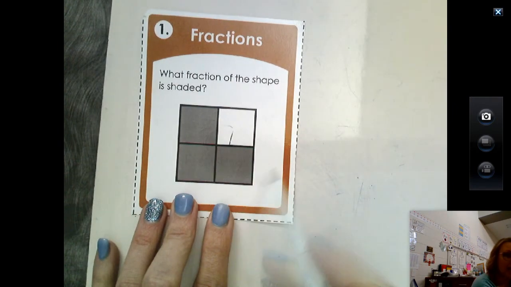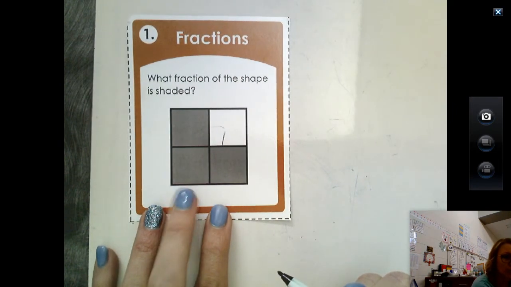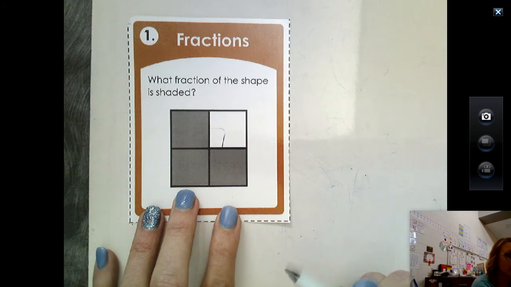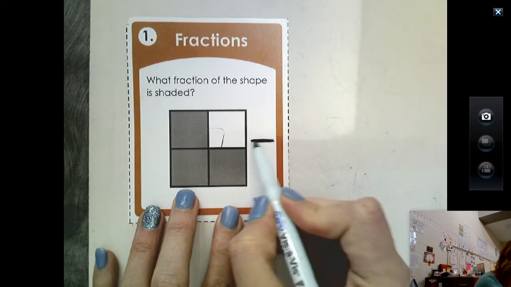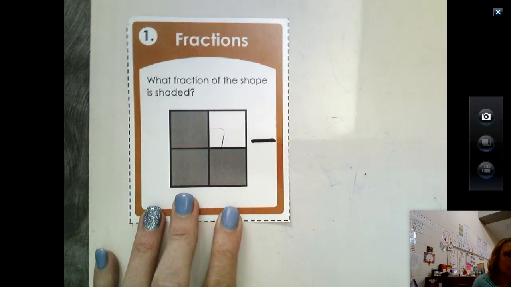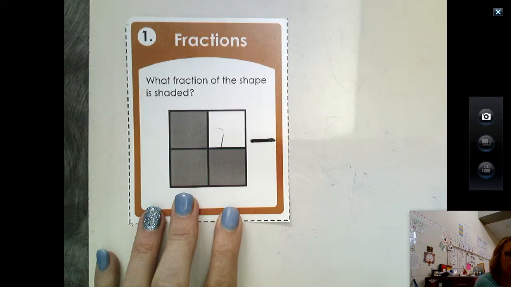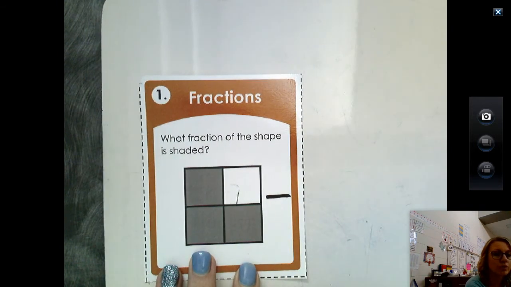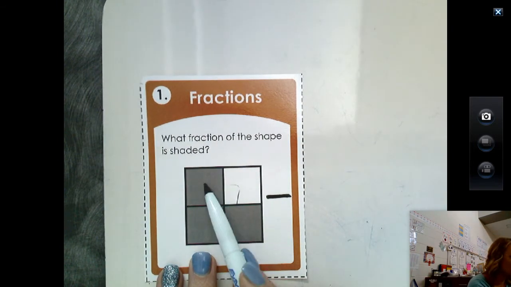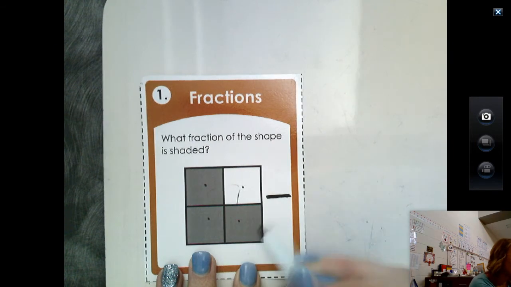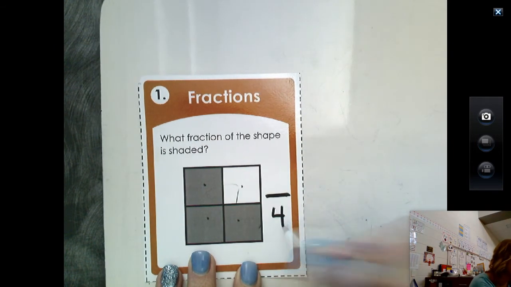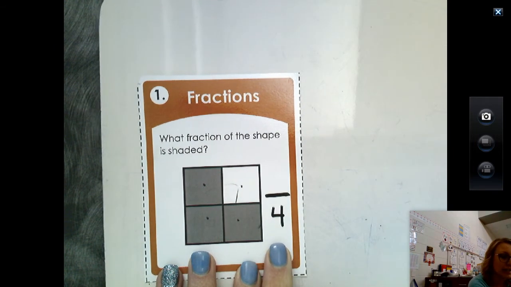So if I look at this square, I'm going to find out my total number of pieces. When you write a fraction, you put a line, and the bottom number, the denominator, is the total number of pieces. So I have 1, 2, 3, 4. 4 pieces. So I'm going to put that on the bottom as my denominator.